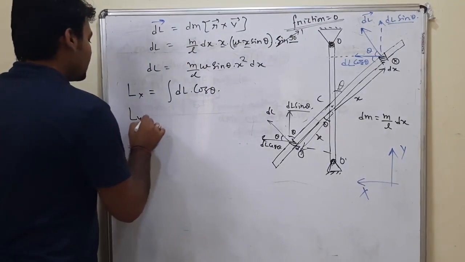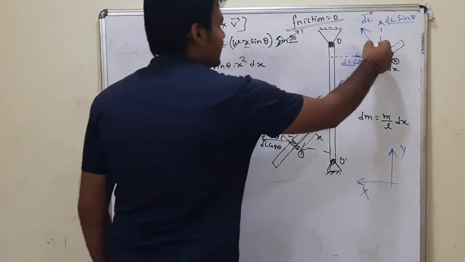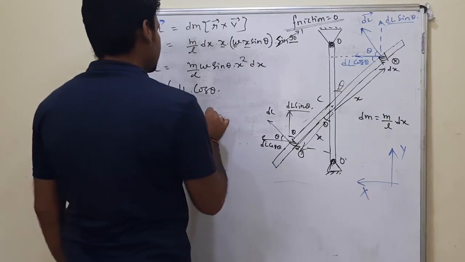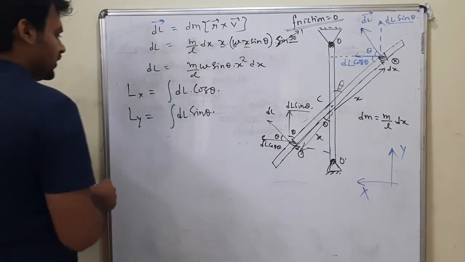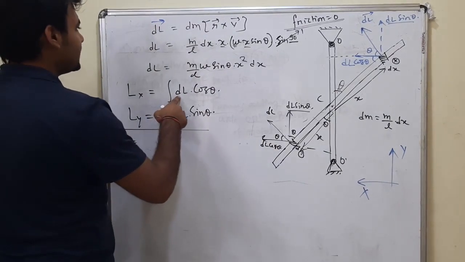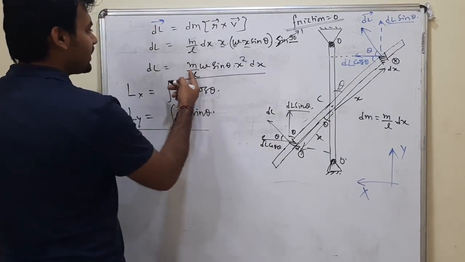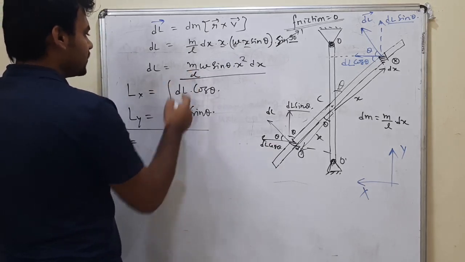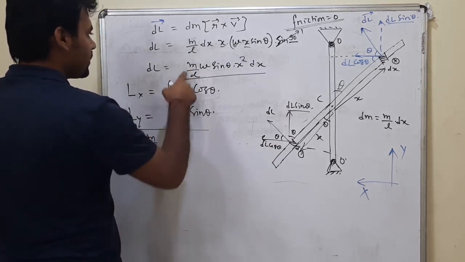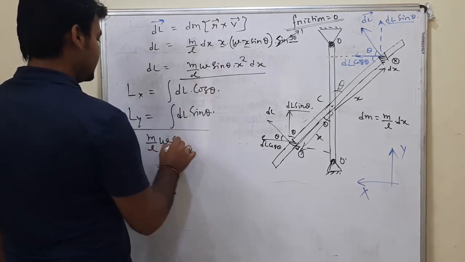In the same way for Ly, it will be the integral of dl and this will be what, sin theta. So it will be the integral of dl sin theta. So let me first calculate the Lx. Lx will be the integral of dl. What is the value of dl? Here it is. I am taking the constant terms out of the integration. It will be m by l into omega, then sin theta.